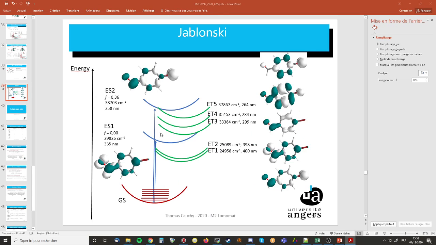However, since I do not fully understand what is going on in the absorption, it's quite tricky to say that, oh, the absorption is not correct, but the emission is correct. And let's finish with the emission.